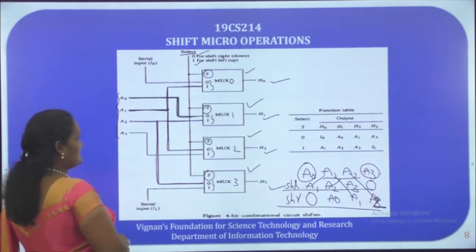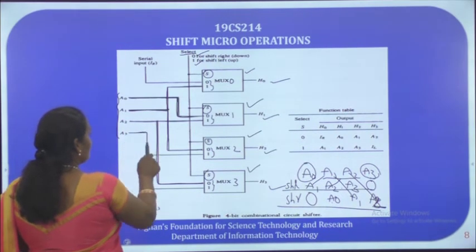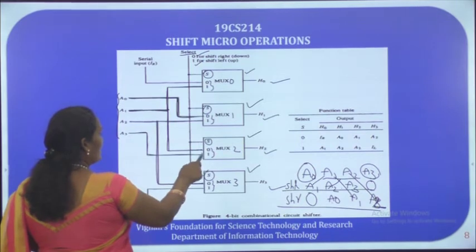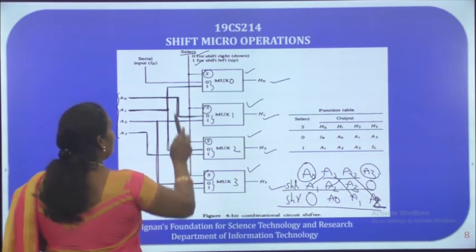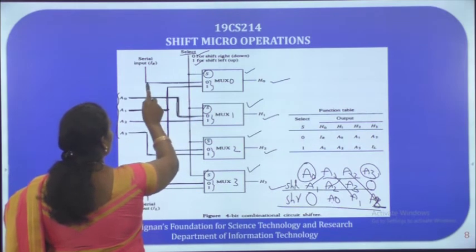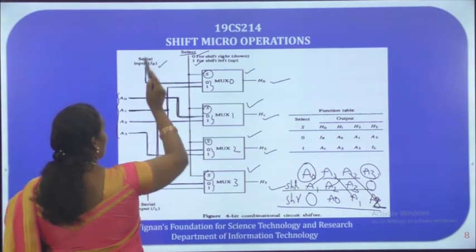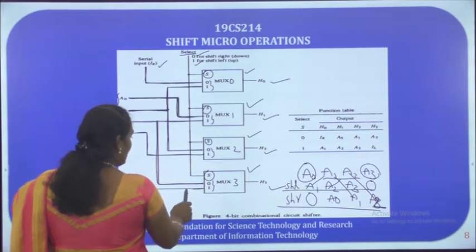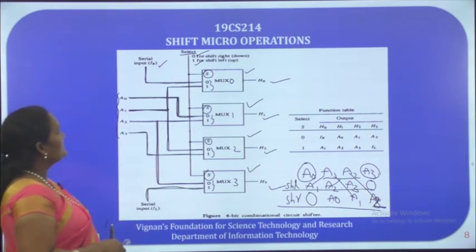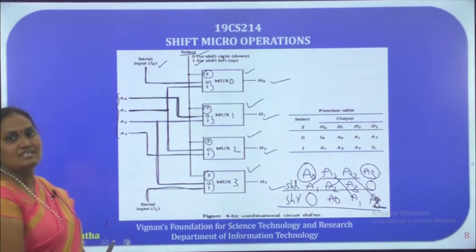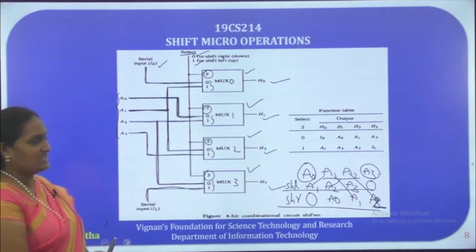And A3 is connected to 1 of multiplexer 2. The 0 of multiplexer 0 is connected to a serial input IR and 1 of multiplexer 3 is connected to a serial input IL. These serial inputs IR and IL become zeros for logical shift operations.